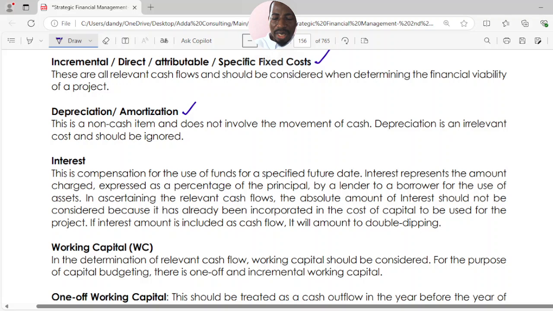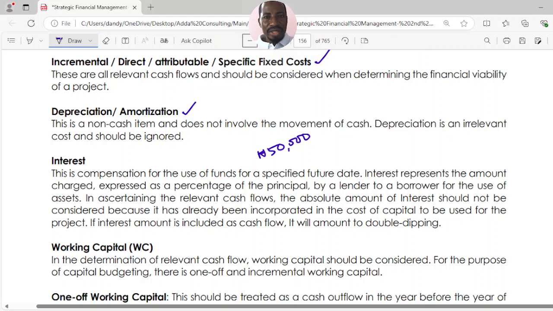Say, for example, you are given interest of 50,000 naira. This is what is called the absolute amount, or the naira amount of the interest. This interest amount of 50,000 is irrelevant because the cost of capital used to discount the future cash flows already included interest. Remember, when we treated cost of capital, we calculated cost of equity, cost of preference share, then cost of debt.